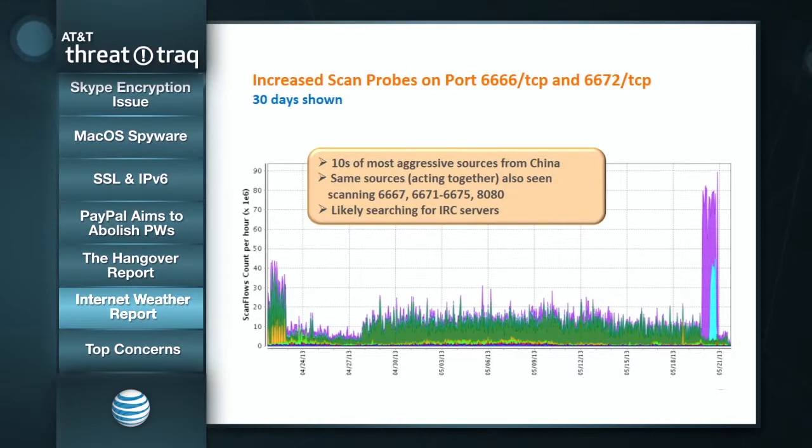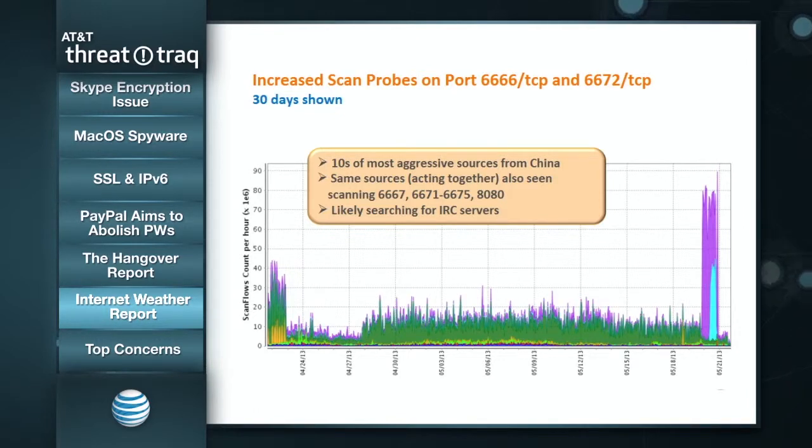What's interesting here, the graph is actually showing a composite of all of those ports that I mentioned: 6667, 6671 through 6675, and port 8080. Normally, the most prominent port in terms of scanning activity, that is probes, here is shown in green, which is port 8080 TCP, and you can see this is an additive graph, so all of these contributions are being added together.